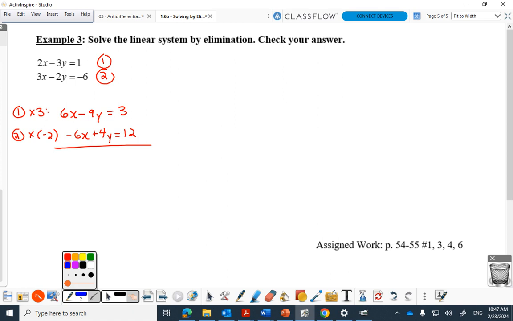Yeah. Oh, it is a whole number. If you're under a fraction, stick with fractions. So over here in blue, I'm going after y's.